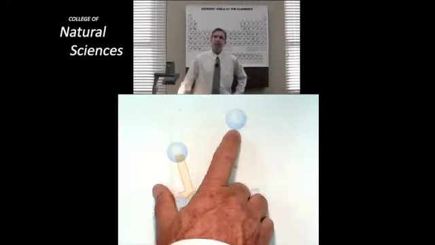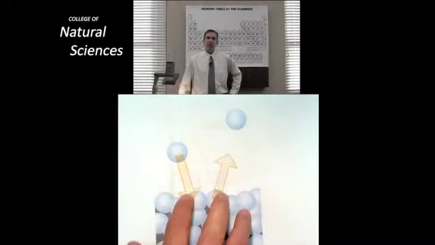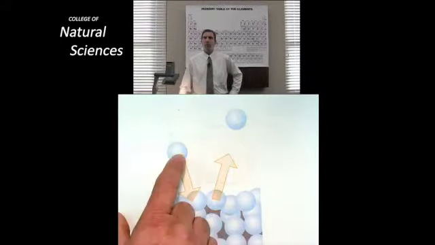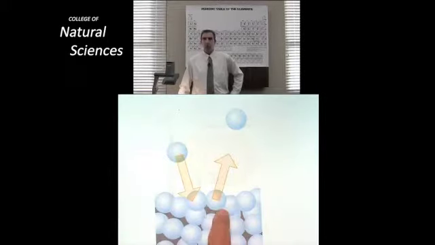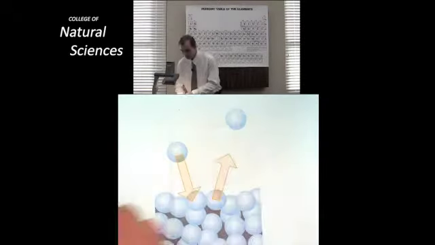And this is where the idea of physical equilibrium comes into place. This is a physical equilibrium process once I get to the point where the number of water molecules hitting the surface is exactly equal to the number of water molecules going up into the vapor phase.